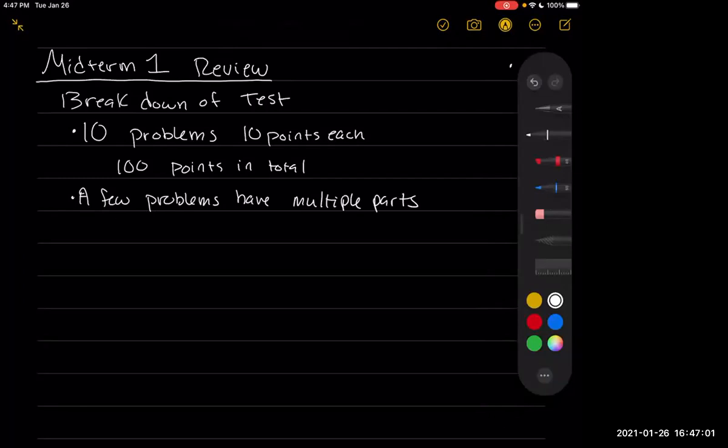Nothing should have more than 3 parts, and the ones that do have parts are not going to be super complicated problems. It's going to be something small that should take less time than a full problem that doesn't have any parts. You're going to have 2 hours to take the test.